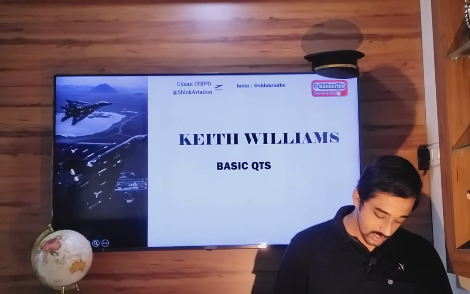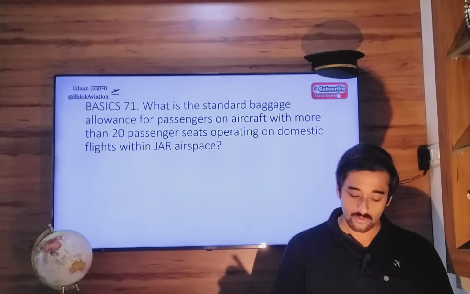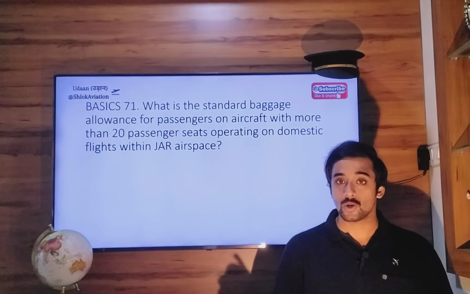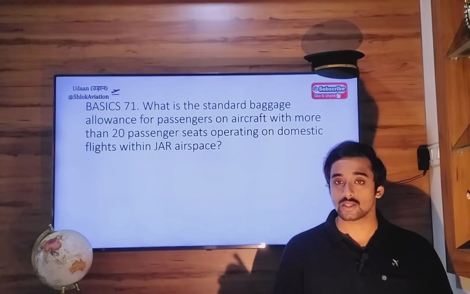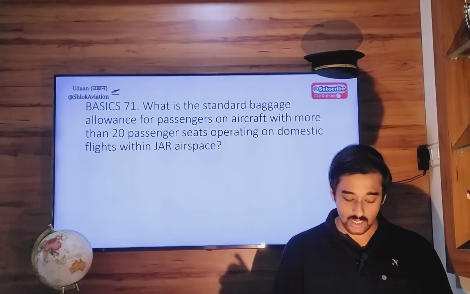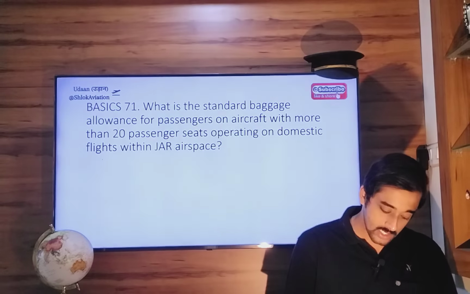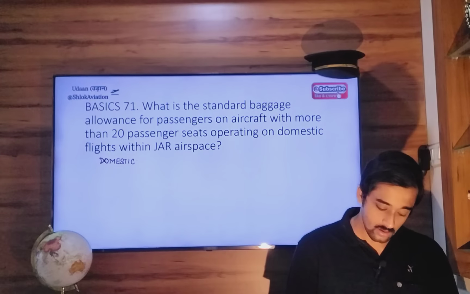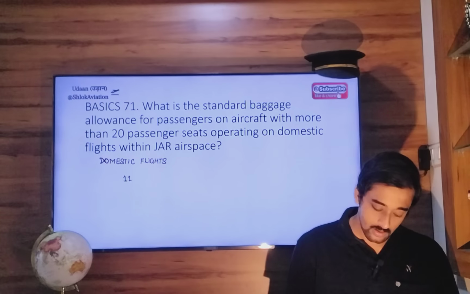So let's start. What is the standard baggage allowance for passengers on aircraft with more than 20 passenger seats which are operated on domestic flight routes within joint aviation rules airspace, that is European airspace? So the baggage allowance for domestic flights is 11 kg.